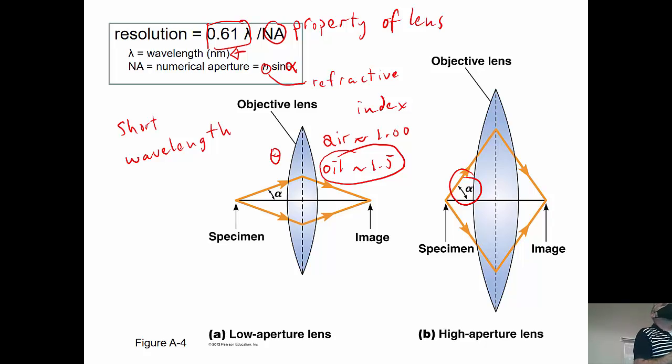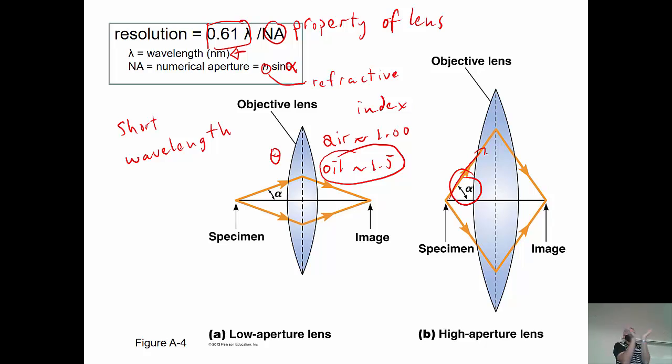Yes? What does theta mean again? So theta is what they're showing as alpha here. This is actually the angle at which the light approaches the lens, the widest point of it. And so one of the things you're maybe not familiar with, working directly with the microscopes, is as you go to a higher objective lens, the lens moves closer and closer to the sample until in oil immersion it's right on top.